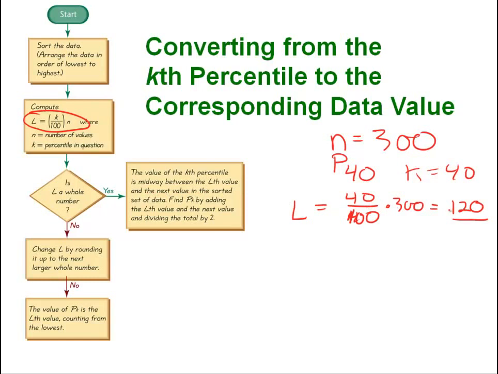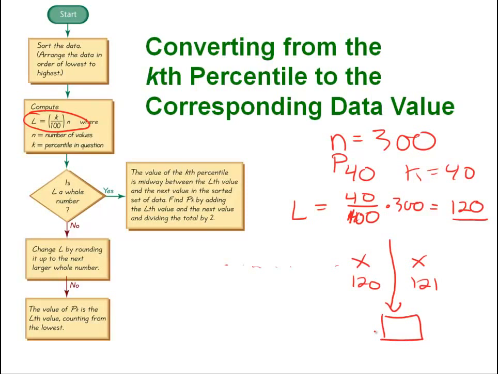Since we got 120, we go halfway between that and the next number. We would count up in our list and find that this x is the 120th one, and this x is the 121st one, and we would take the average right in between them.